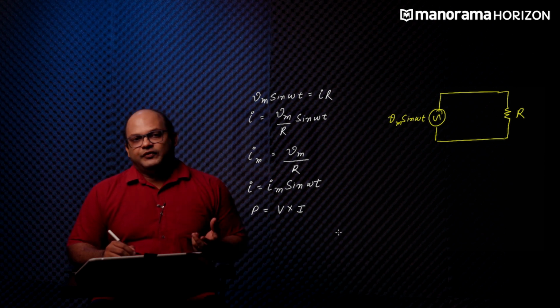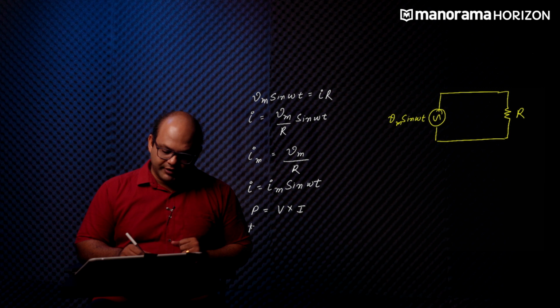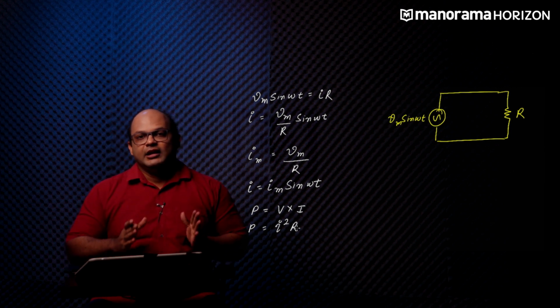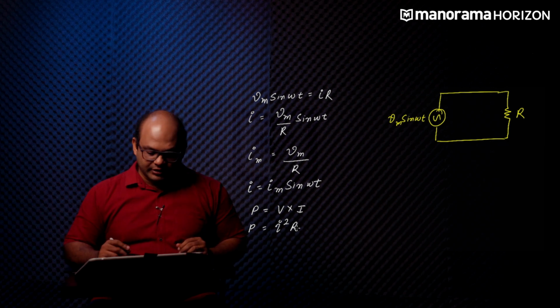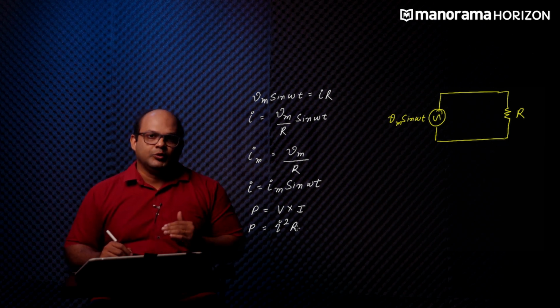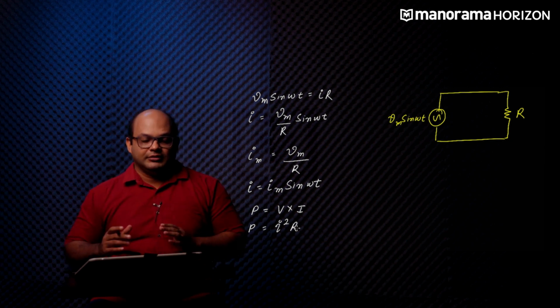We can also define power in terms of the current and the resistance. We can also say that P is equal to I square multiplied by R. So these are two alternative ways by which we can define the power dissipated in a particular device, in this case a resistor. How do we modify this equation to account for the fact that we are dealing with an AC voltage and an AC current?